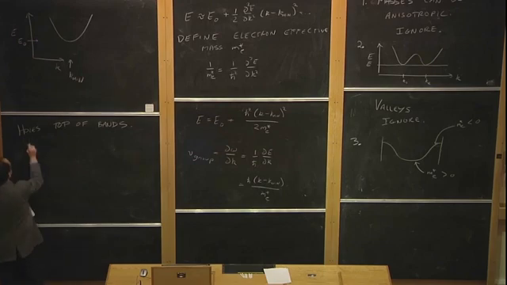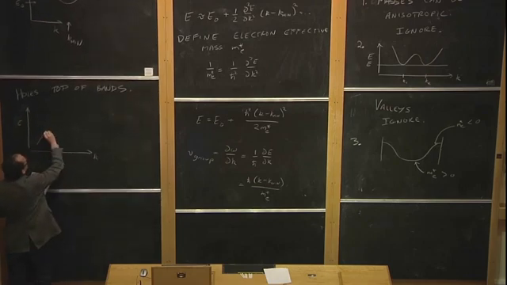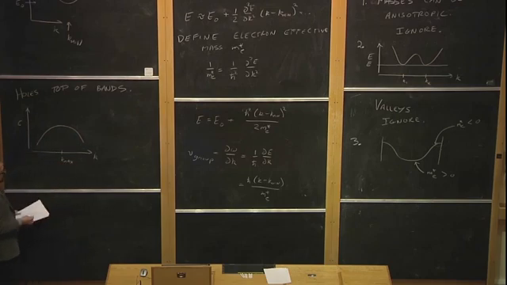So we'll draw again E versus k, and we'll imagine that we have the top of some band, which is mostly filled, and we'll put this at k max, and we will call this E naught also up here.